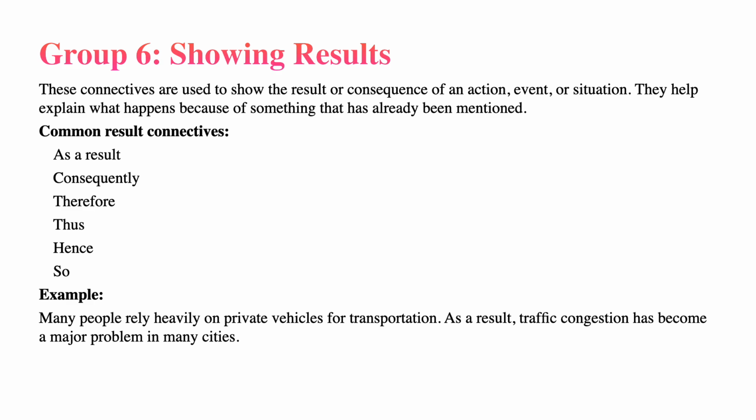Now let's move on to showing result connectives. These connectives are used to show the result or consequence of an action, event, or situation. They help explain what happens because of something that has already been mentioned. In simple words, they show a cause and effect relationship between two ideas.